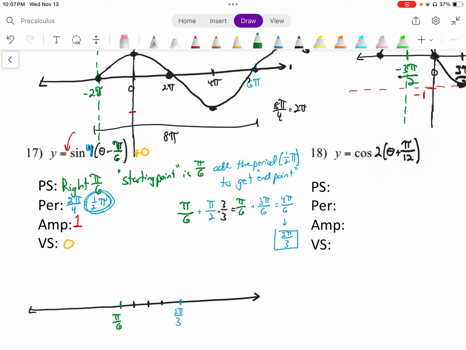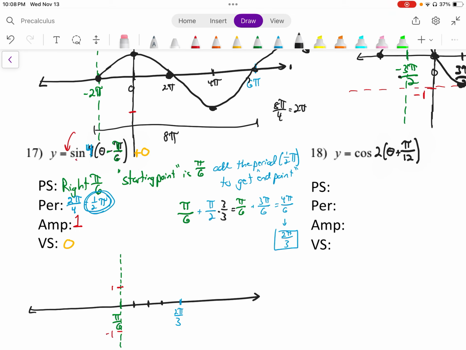So our amplitude is 1. This is not our y-axis, so I'm going to put a dotted line here, but this is our starting point. So our amplitude is 1, so we can go up to 1 and down to -1.